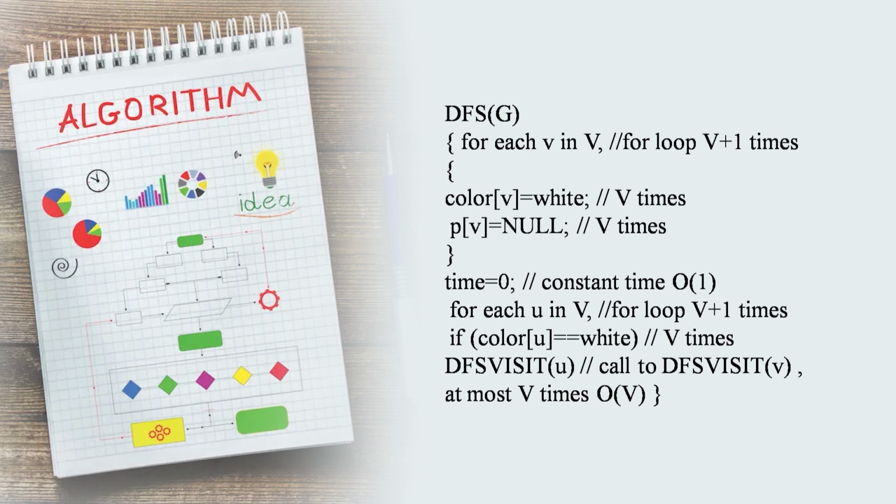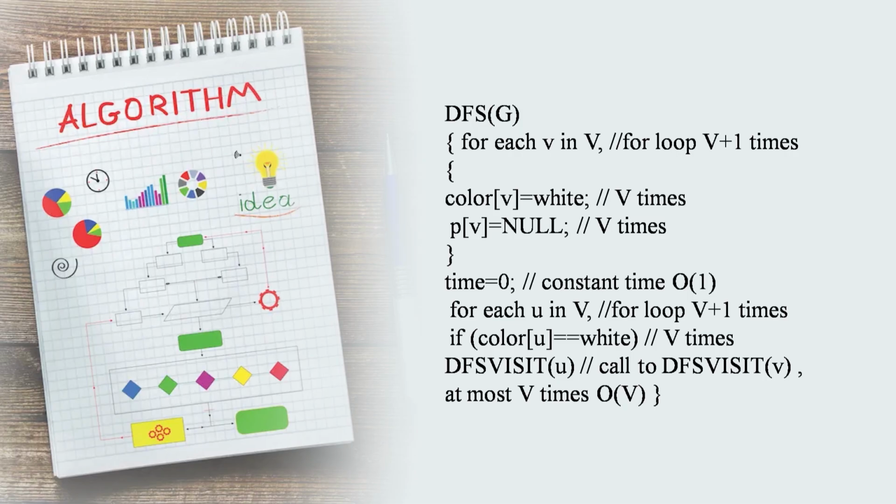Then in the starting, the color will be white, so keep the color white as it is. And then P of V equal to null, meaning the parent of the first node will be null because you haven't visited anything yet. Any operation has not been done till now, so constant time will be there.